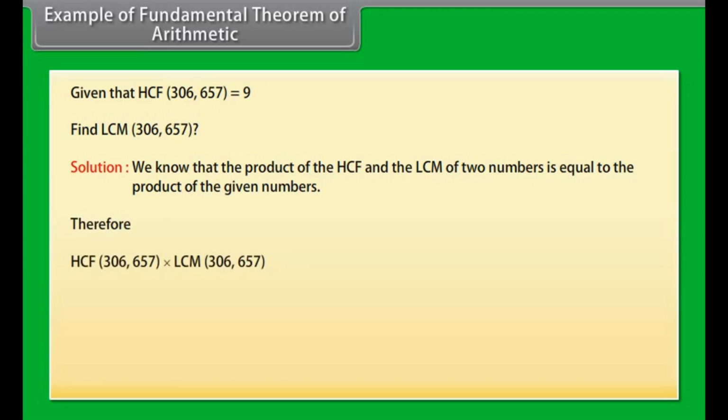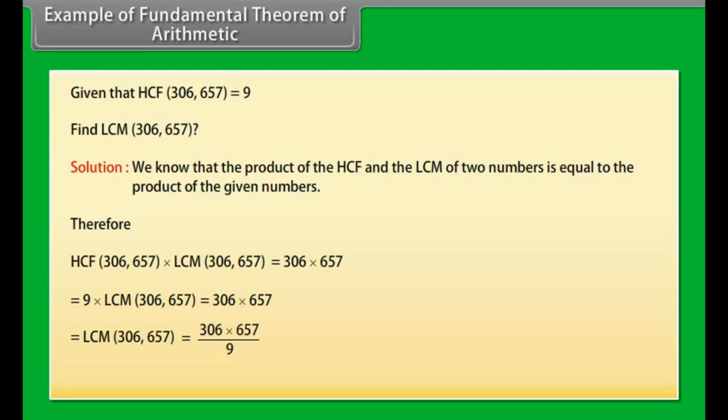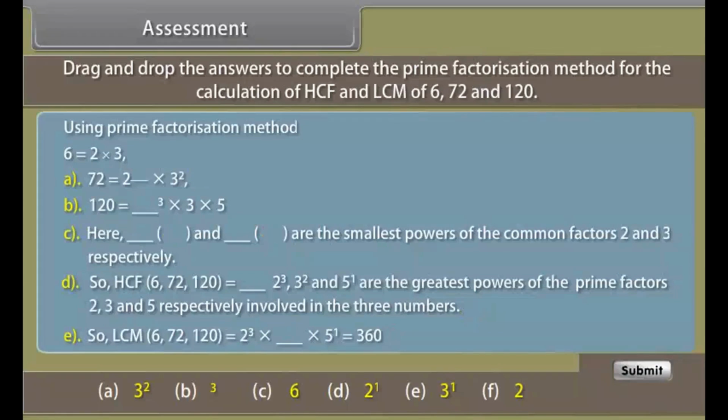Therefore, HCF(306, 657) into LCM(306, 657) is equal to 306 into 657, so 9 into LCM(306, 657) equals 306 into 657, which gives LCM(306, 657) equals 306 into 657 upon 9. The LCM is equal to 22,338.